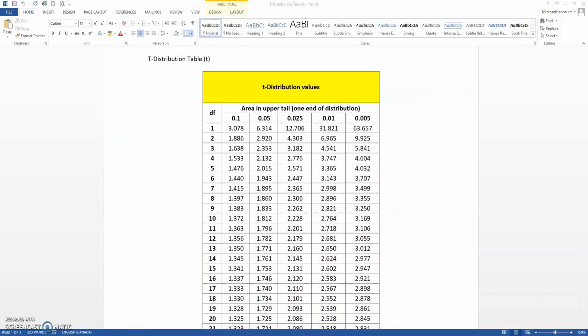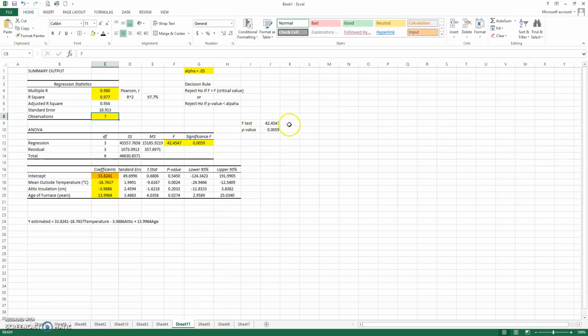So let's go back to our Excel sheet. Critical value, 9.28. So we are going to reject the null hypotheses because the test statistic, 42.4547, is greater than 9.28. We can also make the same decision by looking at the p-value. We're going to reject the null hypotheses if the p-value is less than alpha.